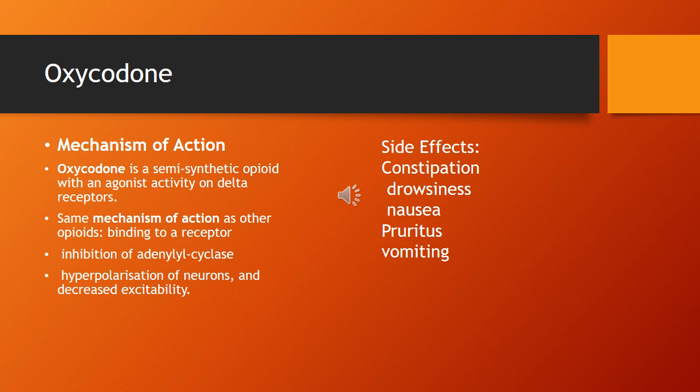There are other reactions or side effects such as confusion, sedation, dizziness, blurred vision, some GI obstructions, urinary retention, and then it can also have a physical dependence or even a psychological dependence. Intolerance will build up when using this medication.